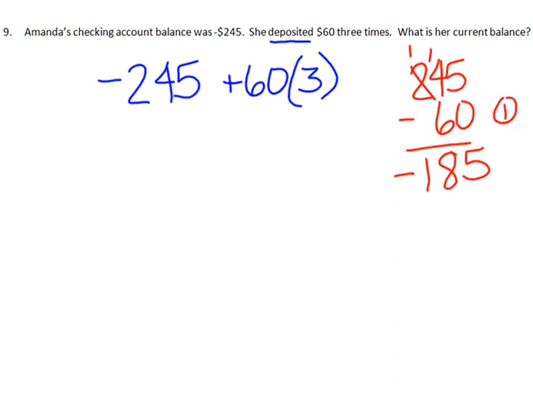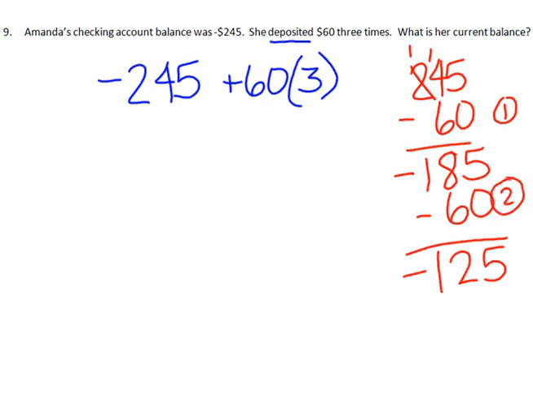Then we could subtract 60 again to get another negative number. 5 minus 0 is 5, 8 minus 6 is 2. So after the second time, she'll only owe $125. Okay, and then after the third time, still subtracting, 12 minus 6 is 6. So this shows that she will have negative $65 in her account.